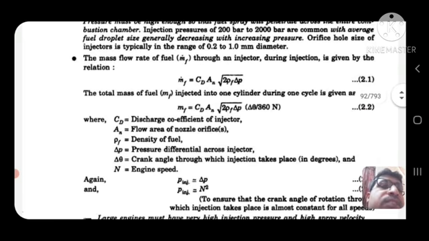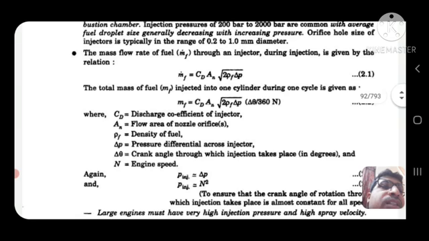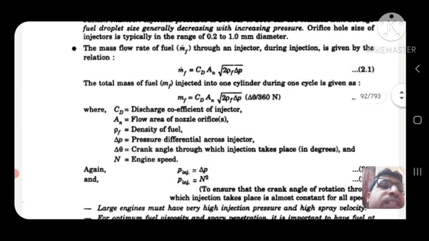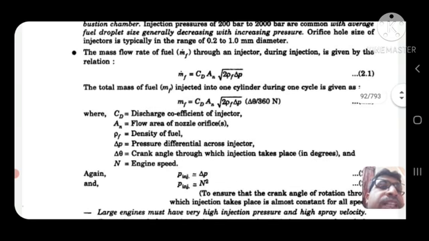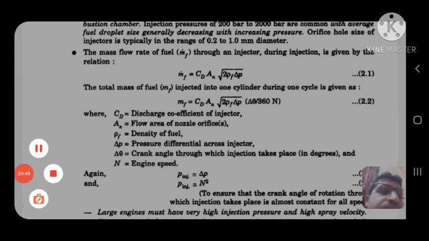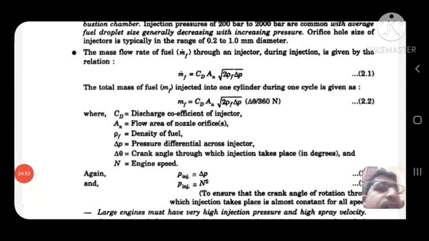Injection pressures of 200 bar to 2000 bar are common, with average fuel droplet size generally decreasing with increasing pressure. Orifice hole size of the injector is typically in the range of 0.2 to 1 millimeter diameter.